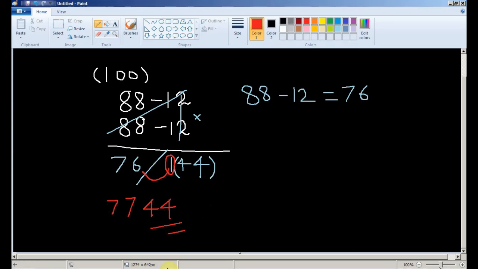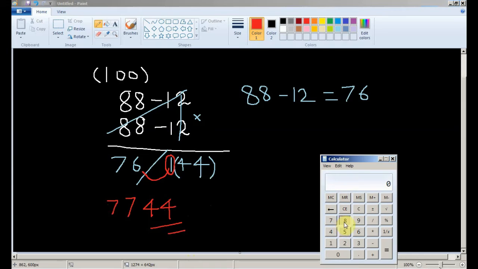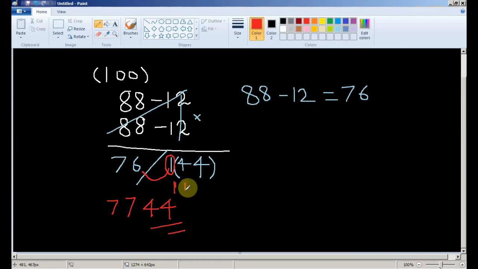Okay, let's check it. 88 into 88 is 7744. So whenever you get a 3-digit number like 1, 1, 1, 2, only 2 numbers represent your second number, and the one part will go to the first number, and you add it.